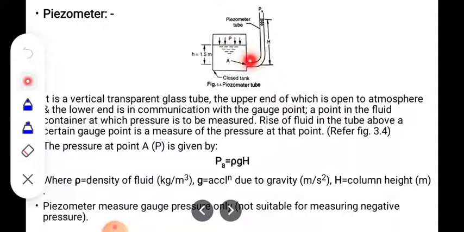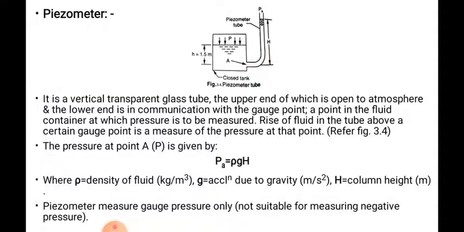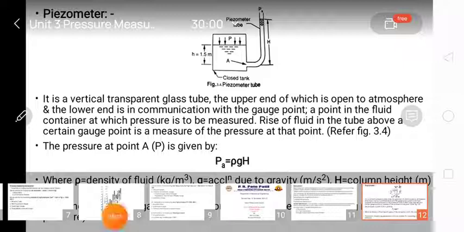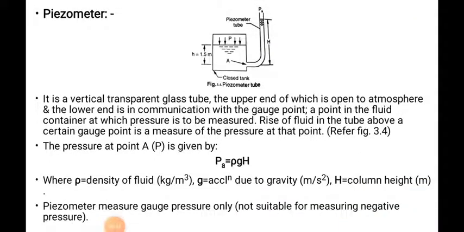The height is the rise in the tube from the bottom. The piezometer measures only gauge pressure, so it is not suitable for measuring negative pressures.